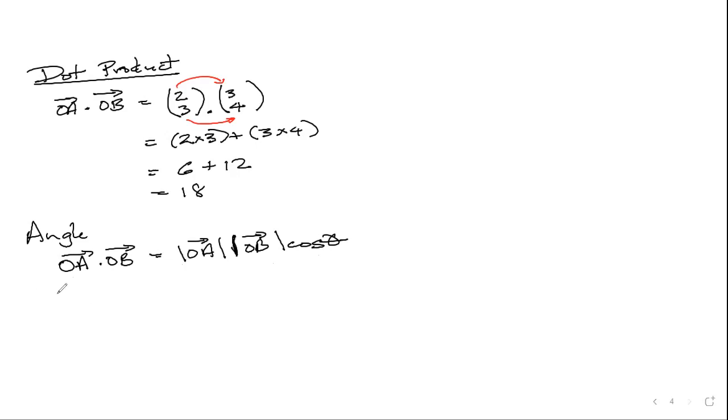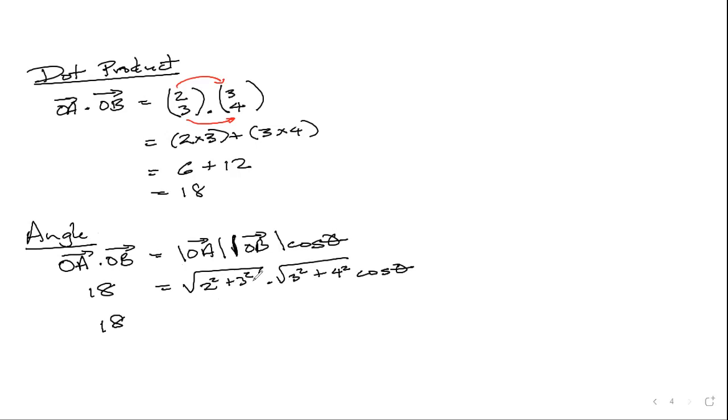So in this case, 18 is equal to the length of A, which is the square root of 2 squared plus 3 squared, times the length of B, which is the square root of 3 squared plus 4 squared, times cosine theta.